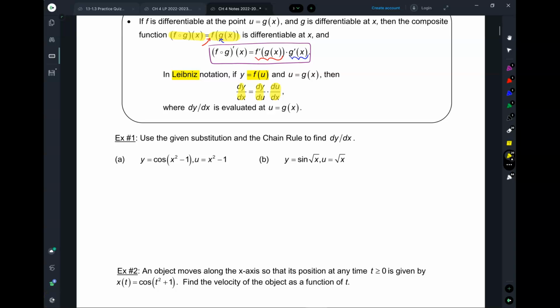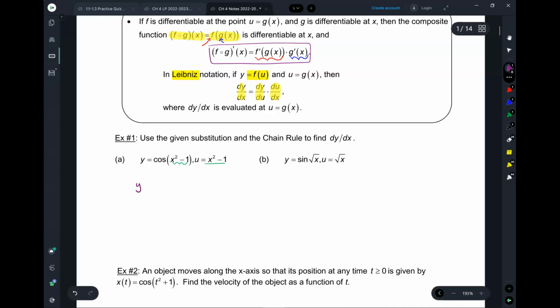So we have cosine, and inside the cosine we've got x squared minus 1. Leibniz said, let's call that inside function u. Then we take a derivative of the original function, we take a derivative of that inside function, and then we multiply them. Let's do that.